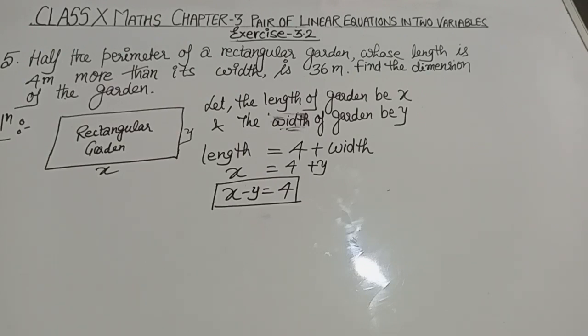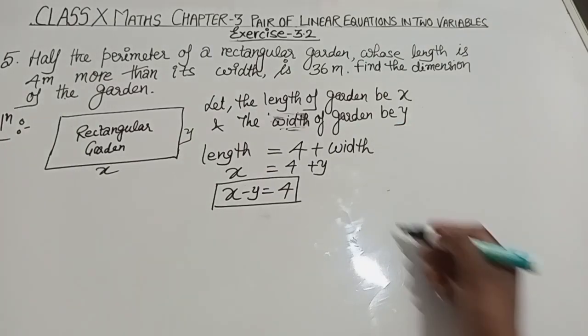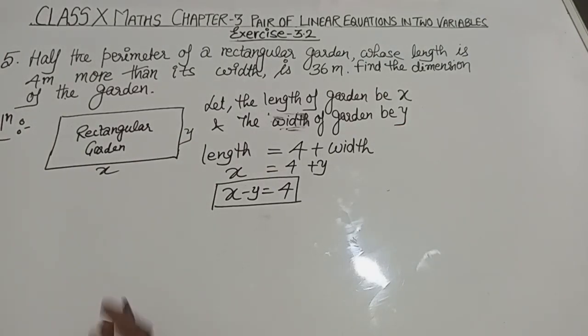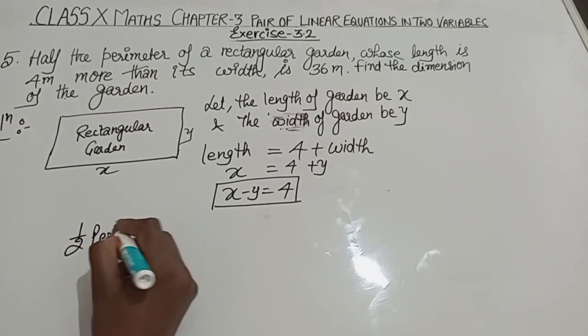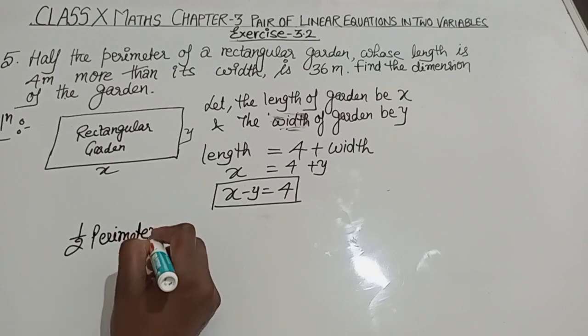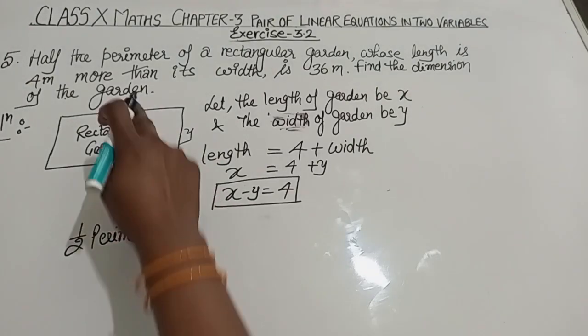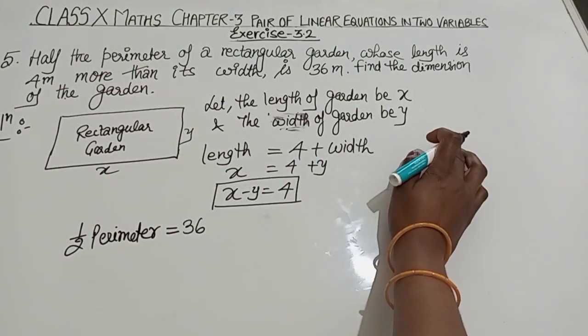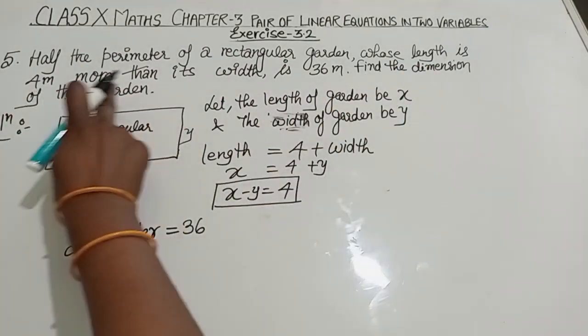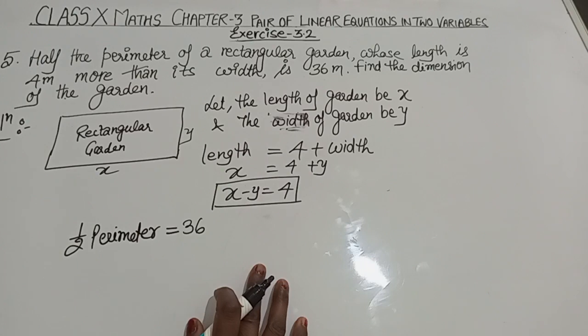Now the second line: half of the perimeter of a rectangular garden whose length is 4 meter more than its width is 36.